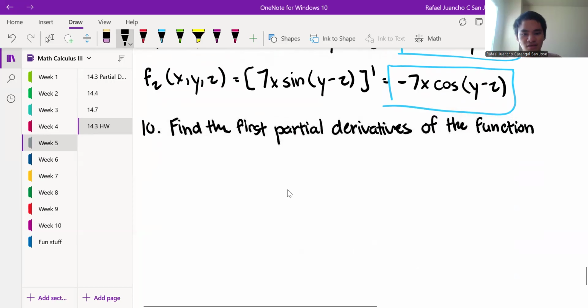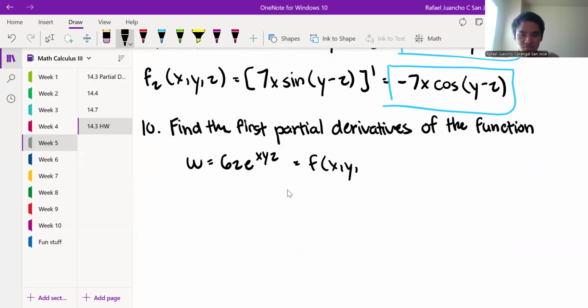Right? And here's our function. We have w, which is equal to 6z e to the xyz. So this is a function of 3 variables, x, y, z, and its output is w.